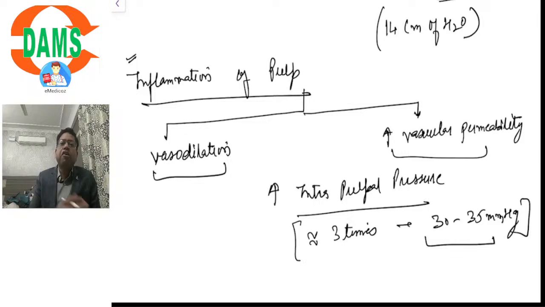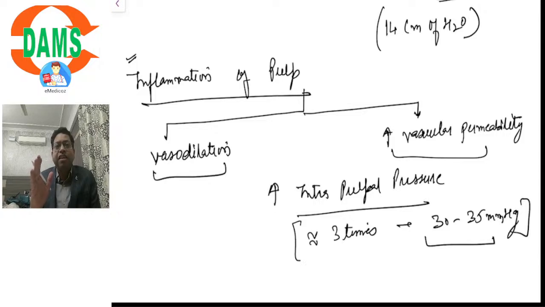And you must have seen a common clinical observation that a person who is suffering from irreversible pulpitis, advanced stages especially, would be finding relief from dental pain due to cold stuff. Because of something cold like cold water or ice cream, instead of pain, there would be relief of pain because the pressure is already elevated.